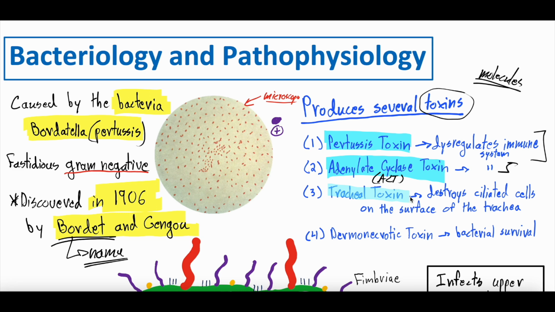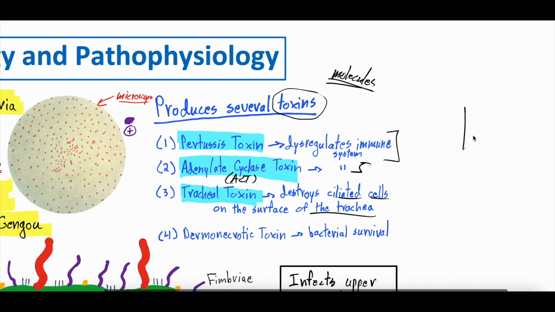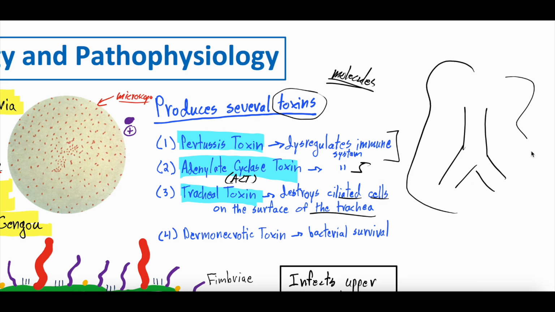Another one of the toxins people talk about is called the tracheal toxin. And this toxin actually destroys ciliated cells on the surface of the trachea. So we're going to scroll over here and we'll just draw a trachea, right? The trachea is the windpipe. So here's the lung, this is the trachea. The trachea goes up, out of the body, and eventually it goes to a person's mouth and they breathe in air.